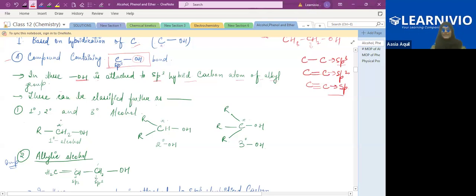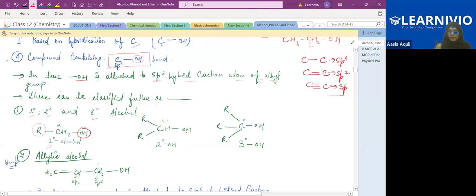These can be classified further as primary alcohol, secondary alcohol, and tertiary alcohol. Now, what is primary, secondary, and tertiary? If the hydroxyl group is attached to this carbon, and this carbon is further attached to only one group, it is known as primary alcohol.